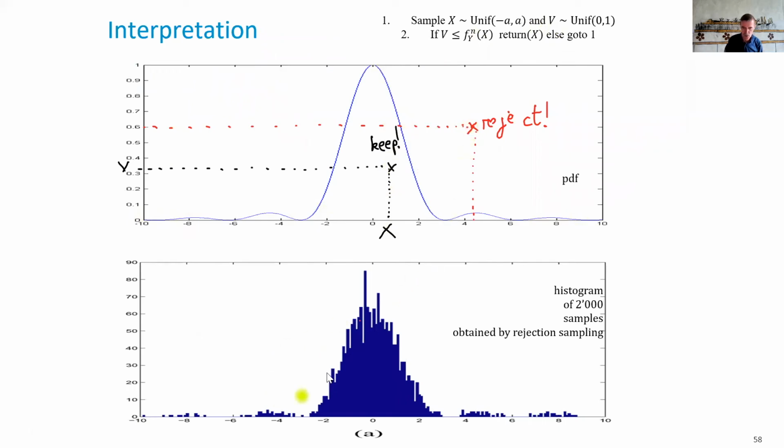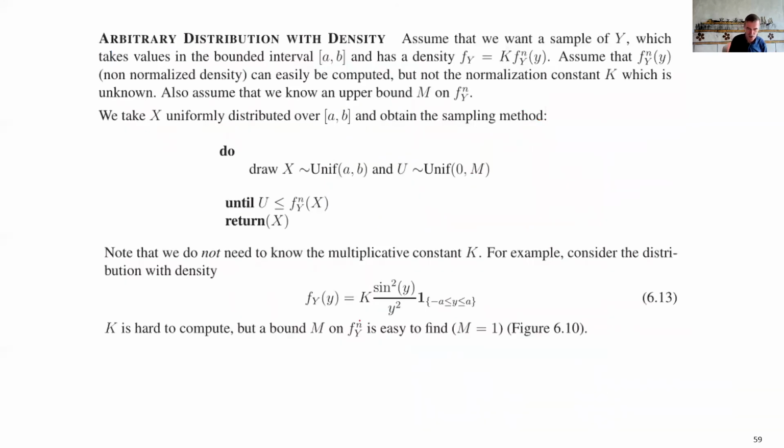And if I do that a zillion times, I will find a histogram which will be an approximation of this curve here, because the number of times I will succeed at position x will be exactly proportional to f of x. That's perhaps an intuitive explanation. You have the proof in all details in the lecture notes here.